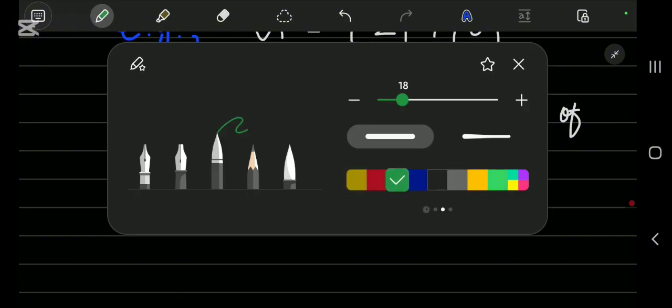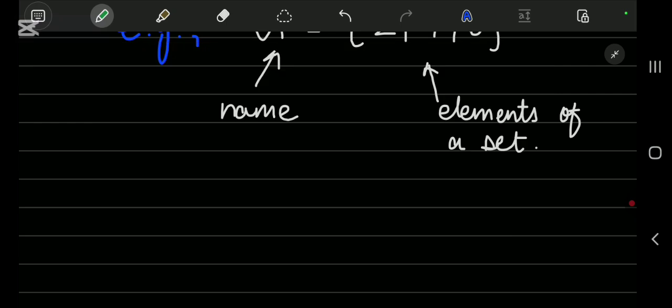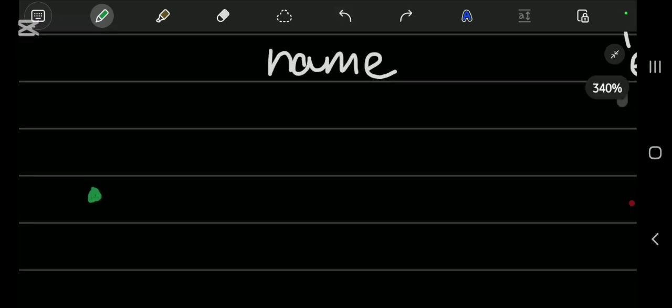The first is this: when, instead of giving the actual elements of the set inside curly brackets, they give a description of the set, some signs are used. The first of them is these two dots, which means such that.